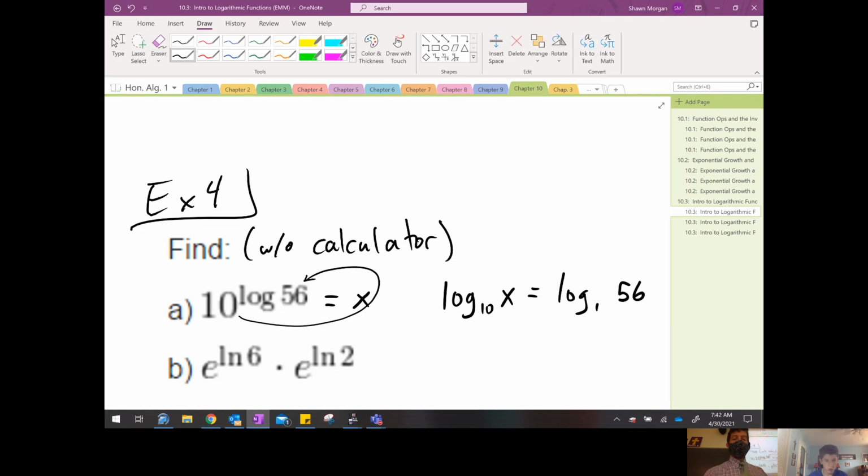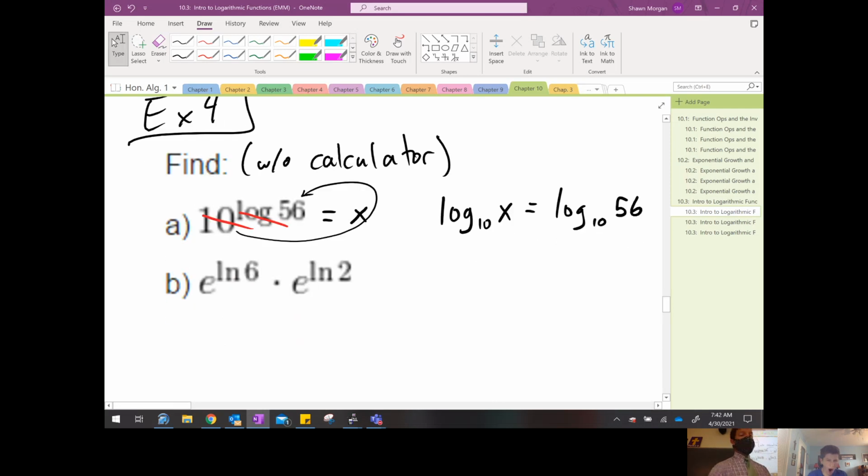What do you think that x equals, given that log base 10 of x equals log base 10 of 56? You would therefore conclude that x equals 56. See, we've already done problems like this. The shortcut approach of can you see it, I like a little bit better than the inverse property of logarithms. But the inverse property of logs says, just cancel those two out and you've got 56.